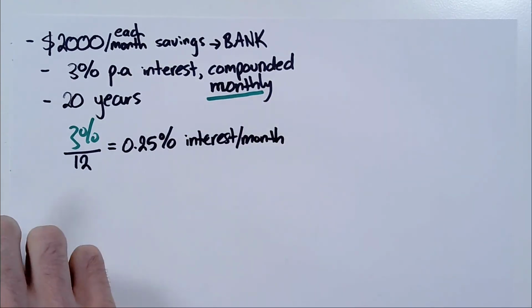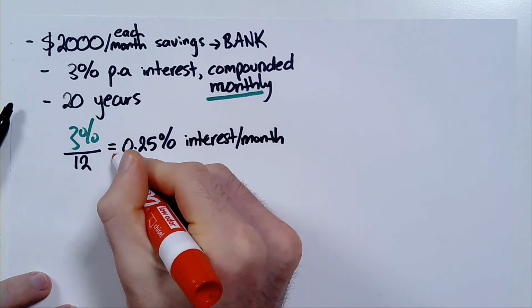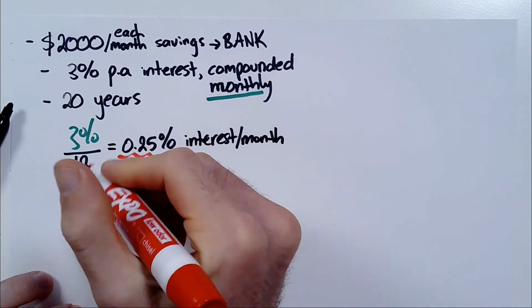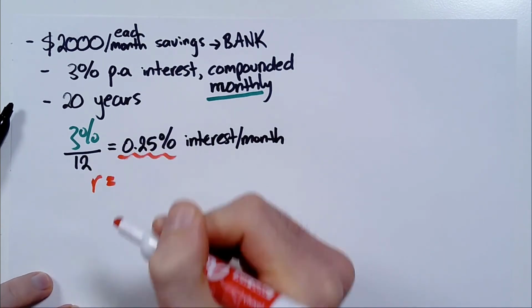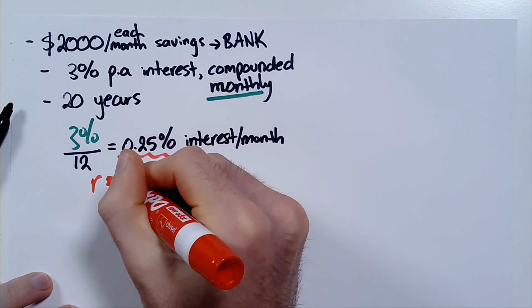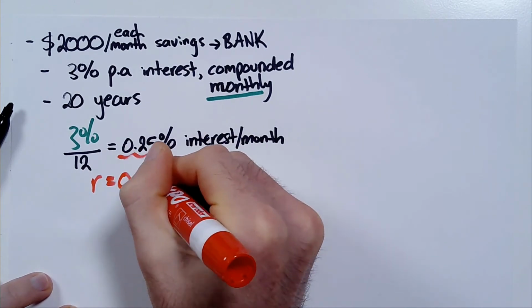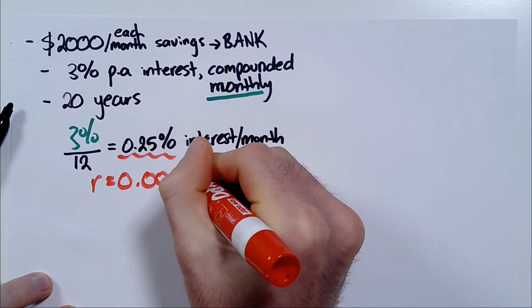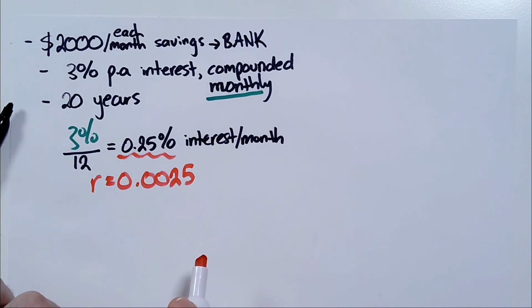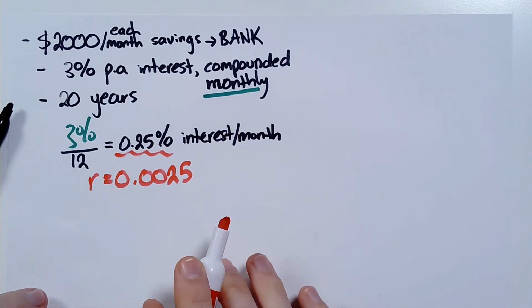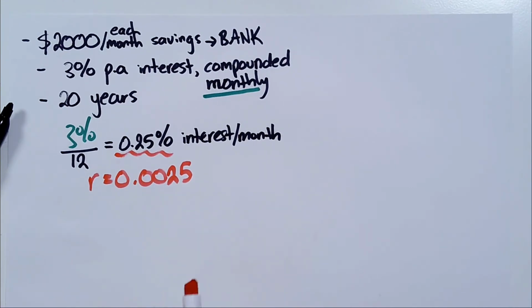So the number we actually care about here is this one, and this will represent our R. So our interest rate is 0.25%, or we can write it as a decimal, and you can do this in a calculator, 0.0025, because we are dividing by 100 to convert from a percentage to a decimal.